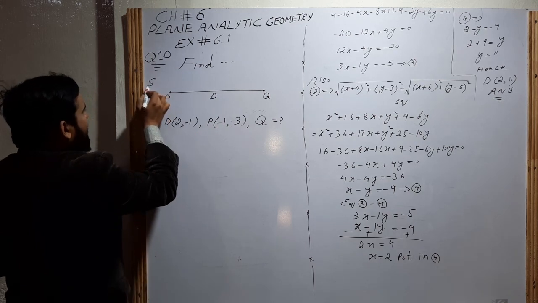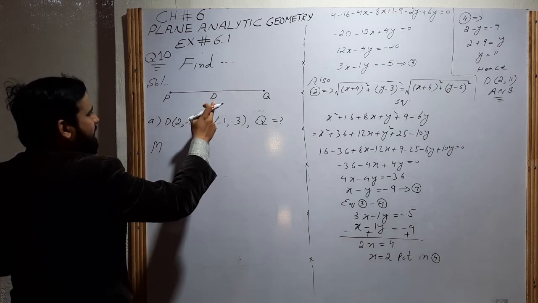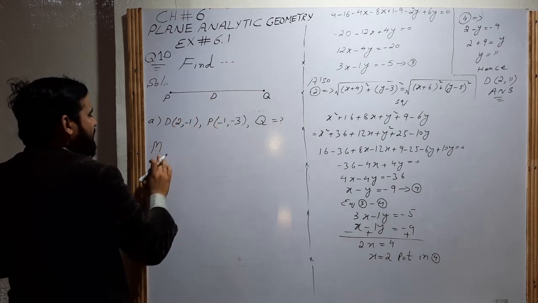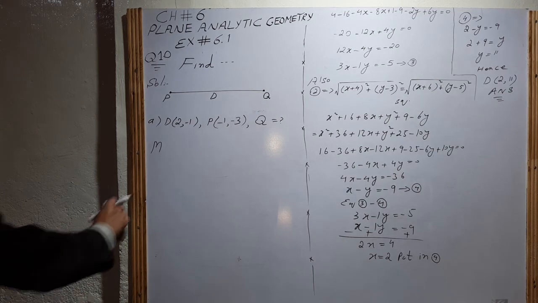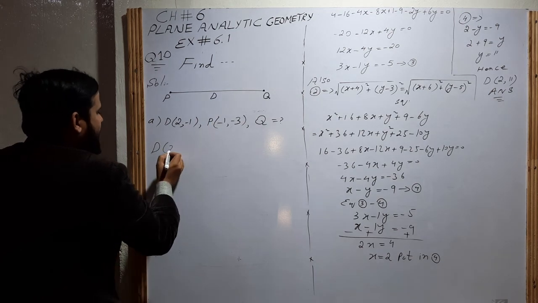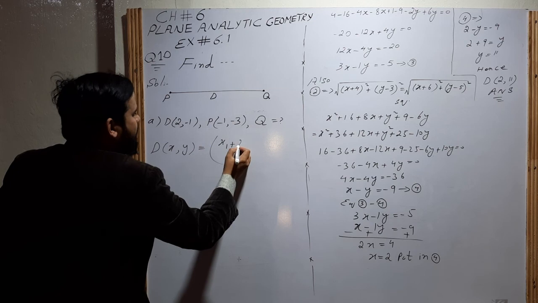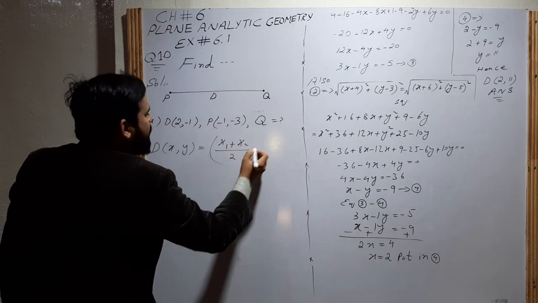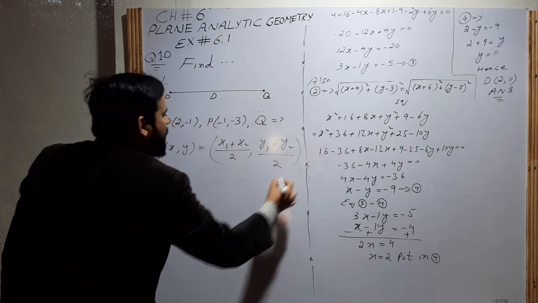So the midpoint formula is M, and in case of M there is D, so replace M by D. In this case, for D, (x, y) is equal to the midpoint formula: (x1 plus x2) divided by 2, (y1 plus y2) divided by 2.